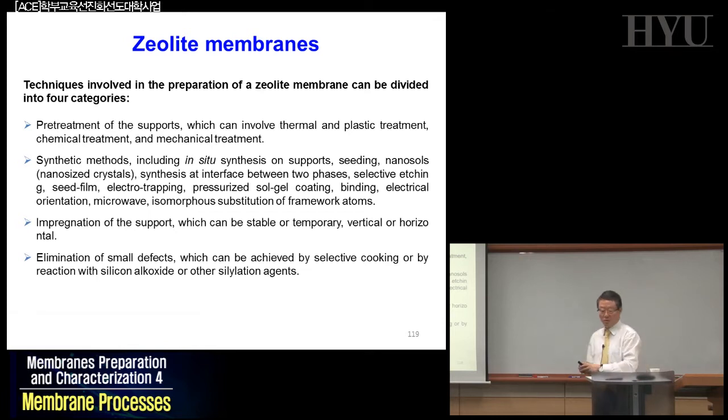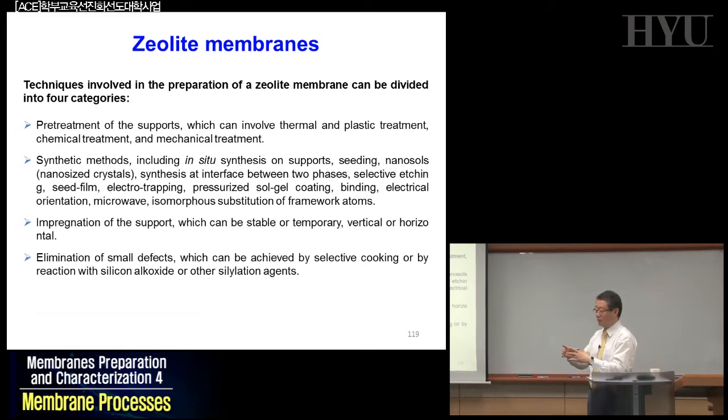Zeolite membrane, although you can make zeolite powders, okay? Zeolite powders can be utilized as a catalyst, as I mentioned, but zeolite membrane in the flat sheet form or the tubular form is a different story, okay? Because you have to make very well-defined and flexible tubes or flat sheets, and that's very difficult to do with zeolite membrane on a larger scale.